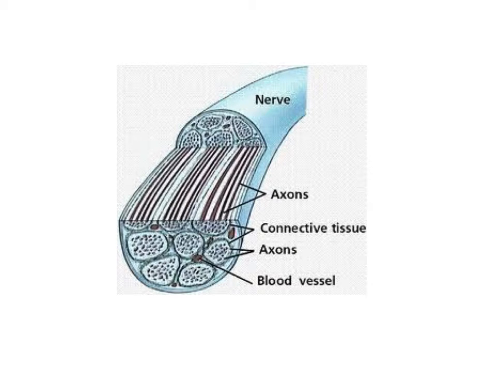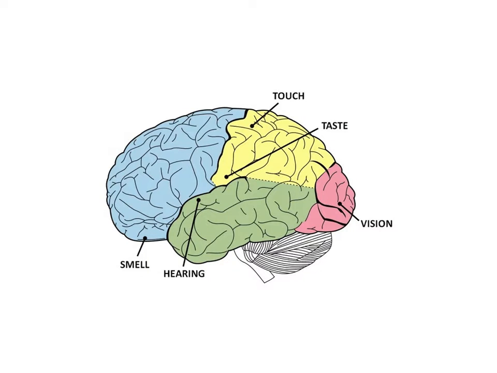Many neurons together form nerves. You see here the axons, which are all these long structures that neurons have, all together forming nerves. In this picture, we see in colors the cerebrum with the area in which we have the five senses. So we understand very well that when we taste, the information goes to this yellow part in your cerebrum.